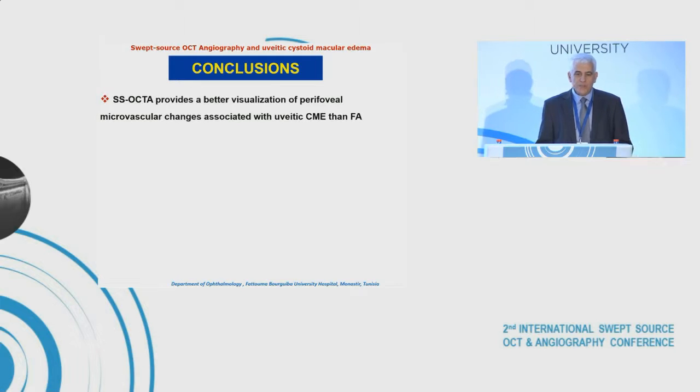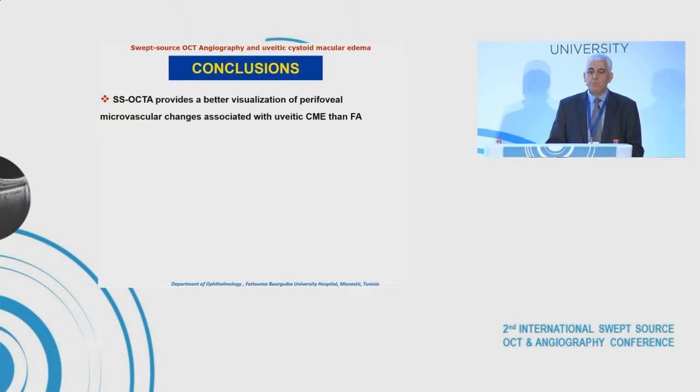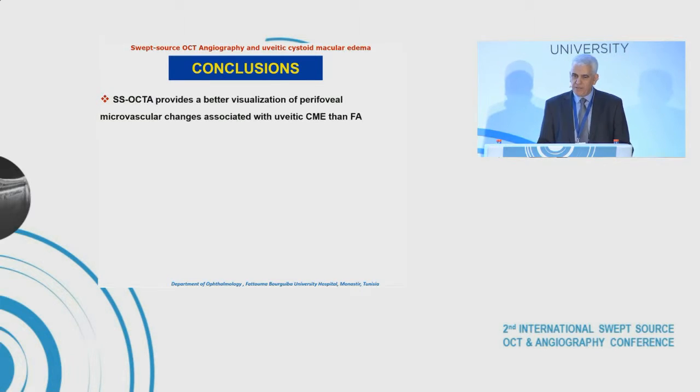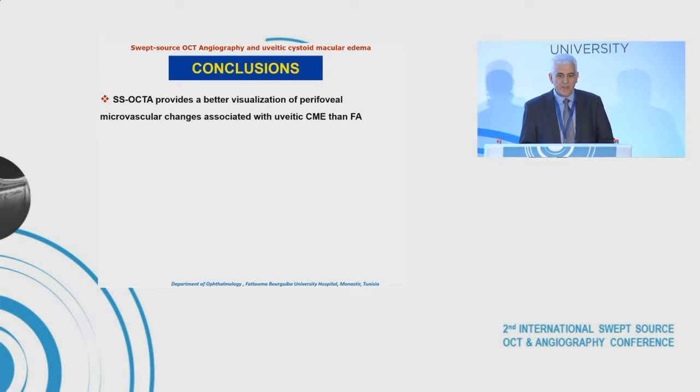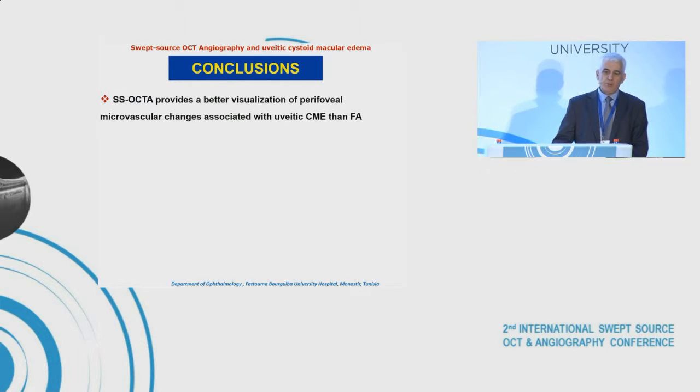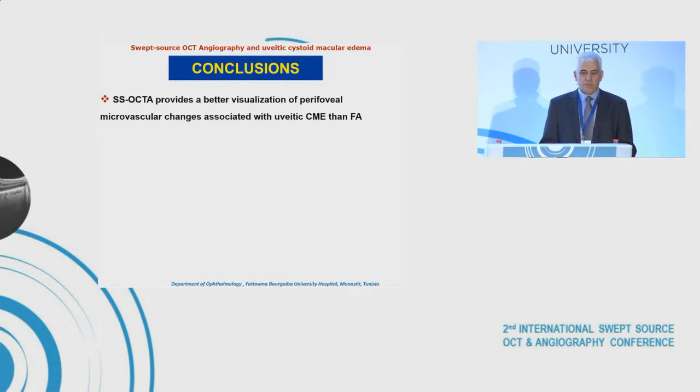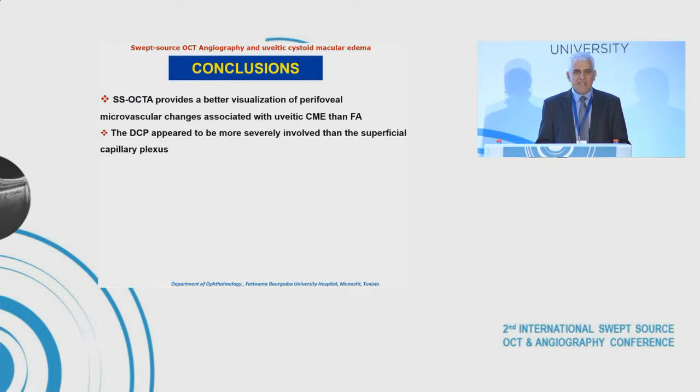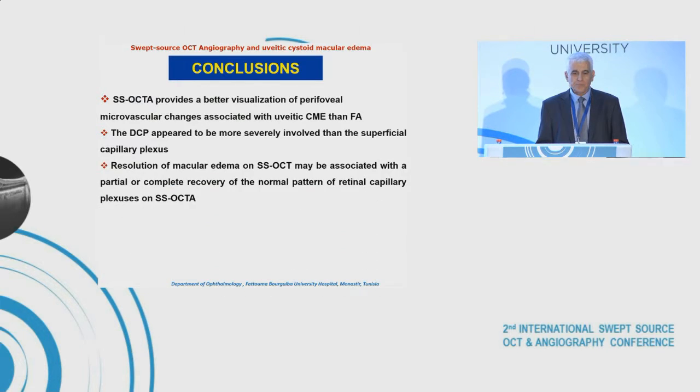So in conclusion, swept source OCTA provides a better visualization of perifoveal microvascular changes associated with inflammatory cystoid macular edema than fluorescein angiography. The deep capillary plexus was found to be more severely affected than the superficial one.